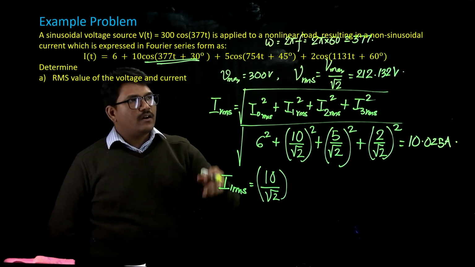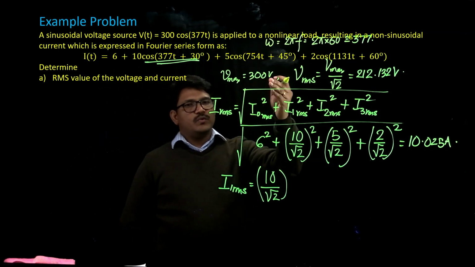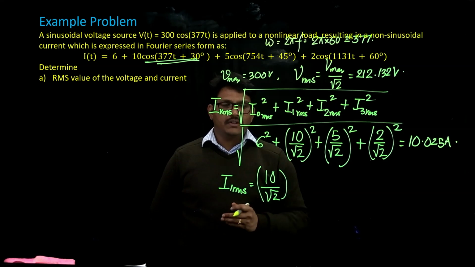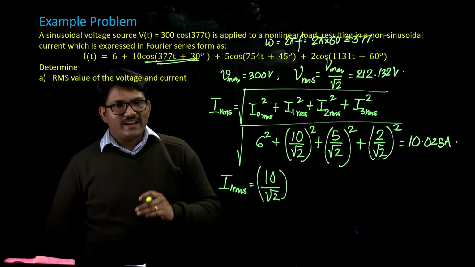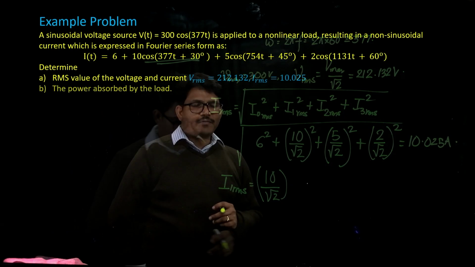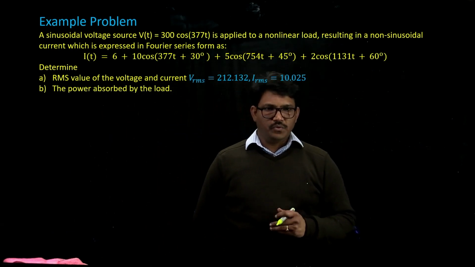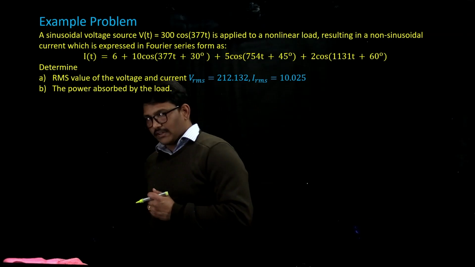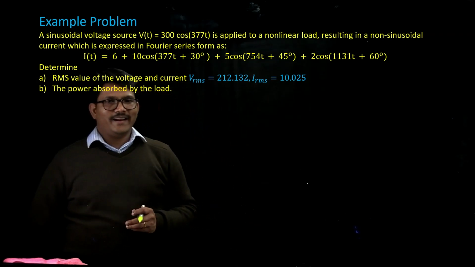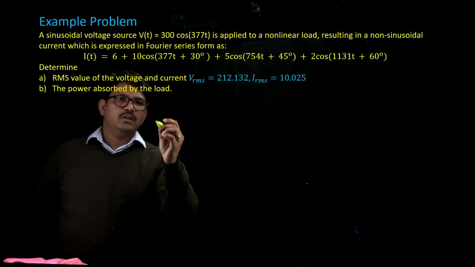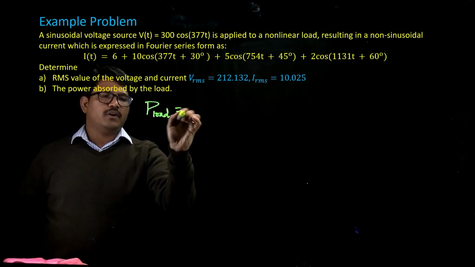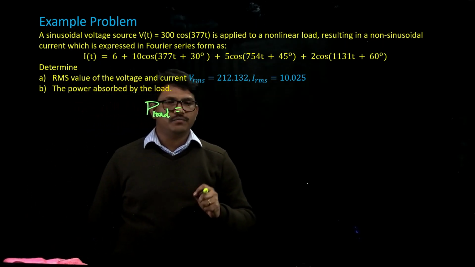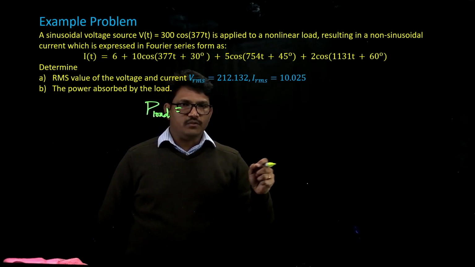Now we will use all these three numbers: the RMS value of the voltage, the RMS value of the current, and the RMS value of the fundamental current to calculate the rest of the factors. After calculating the RMS value of the voltage and the current, if you want to calculate the power absorbed by the load, that is P load, it corresponds only to the fundamental value of the voltage and the fundamental value of the current.